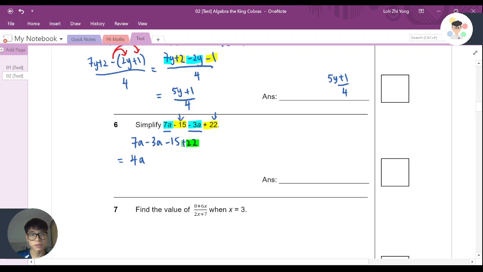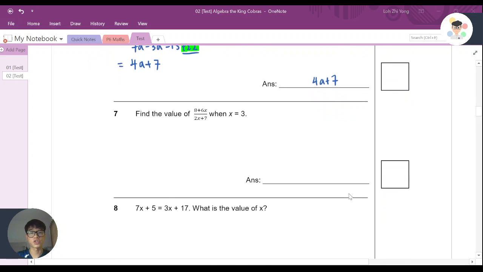If you know 22 is bigger, for sure the sign that you use is plus, because this is bigger. Now, 22 minus 15 is equal to what? Is equal to 7. We just put 7. The answer basically is 4a plus 7, and you are done for this question.